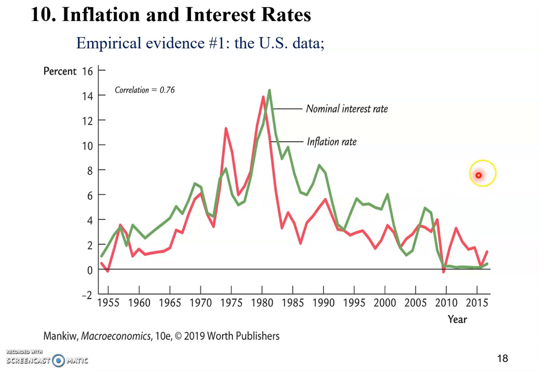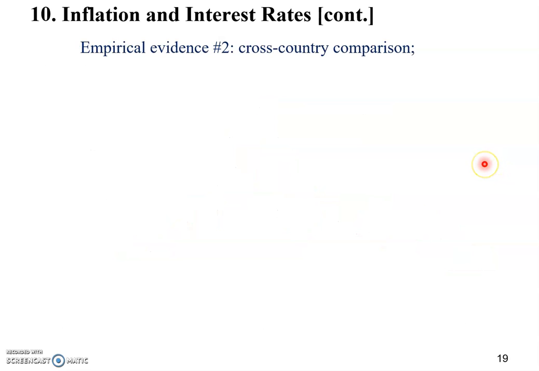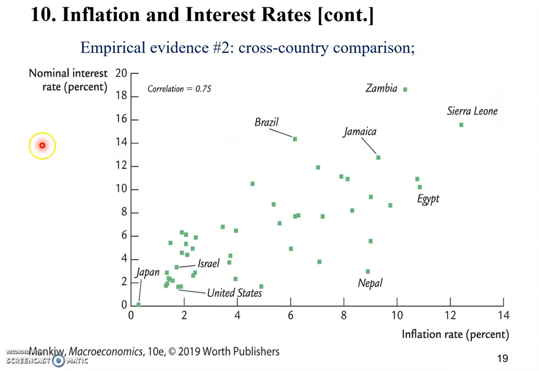All right, and the second piece of the empirical evidence is cross-country comparison. Once again, we're still looking at the relationship between the nominal interest rate and the inflation rate. Here we put a sample of countries on this chart, and every green dot or square represents one country.